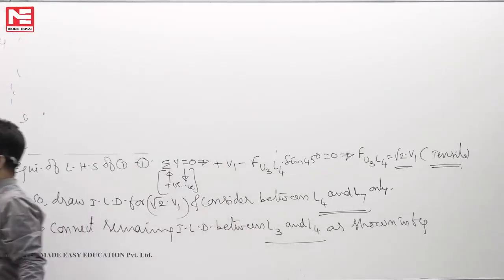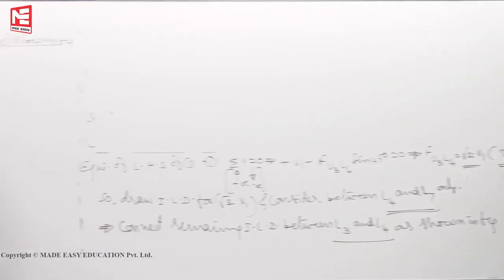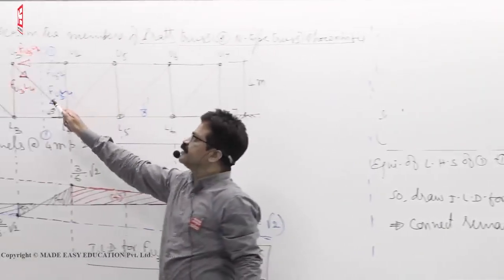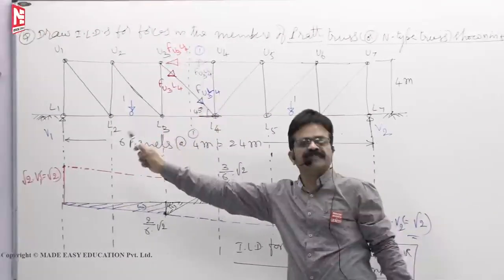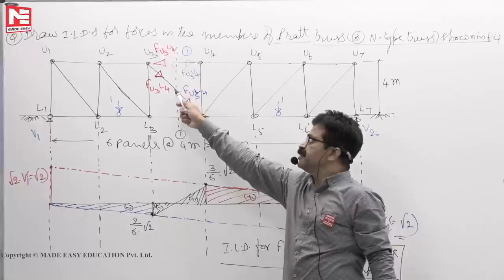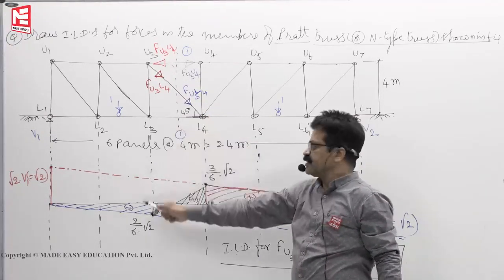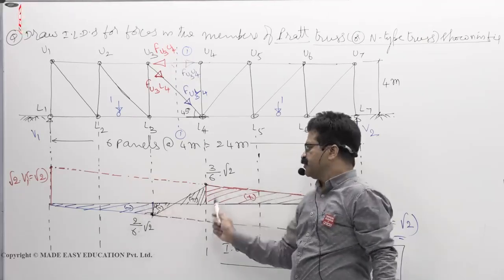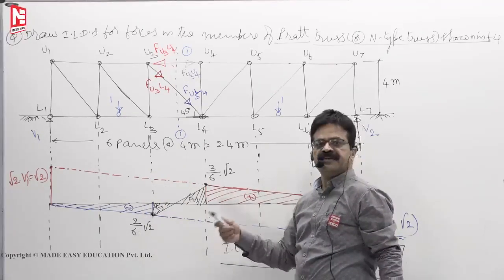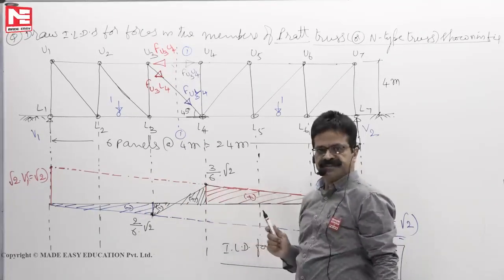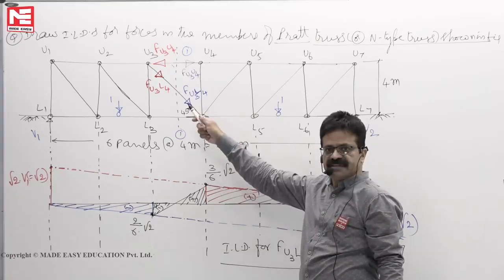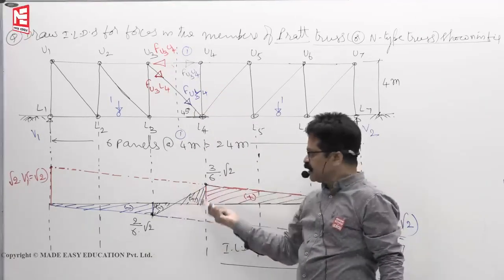In the exam, they sometimes simply ask for the observation itself. For an N-type truss with 6 panels, when the load is moving from left to right, the force in the third diagonal changes from compression to tension, or tension to compression, or always tension, or always compression, like that. Based on the description, first you have to draw the ILD and observe.